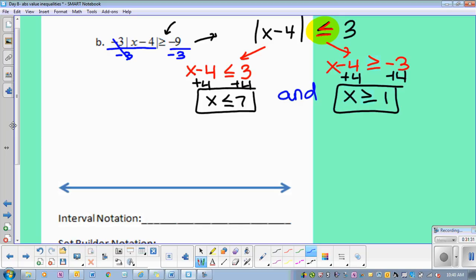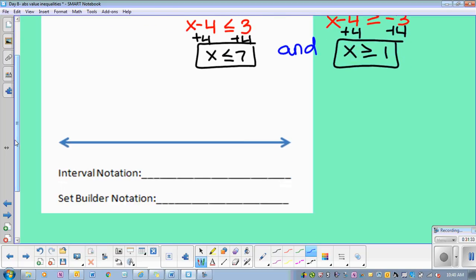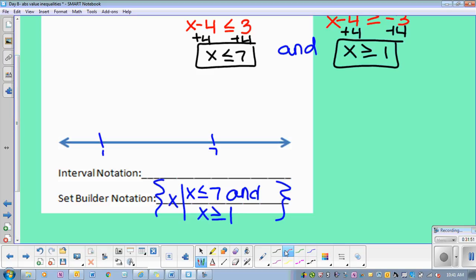All right, so the set builder notation, curly braces, x bar, x is less than or equal to 7, and x is greater than or equal to 1. Oh, so that means 1's over here, 7's over here. And means that they should be connecting, right?